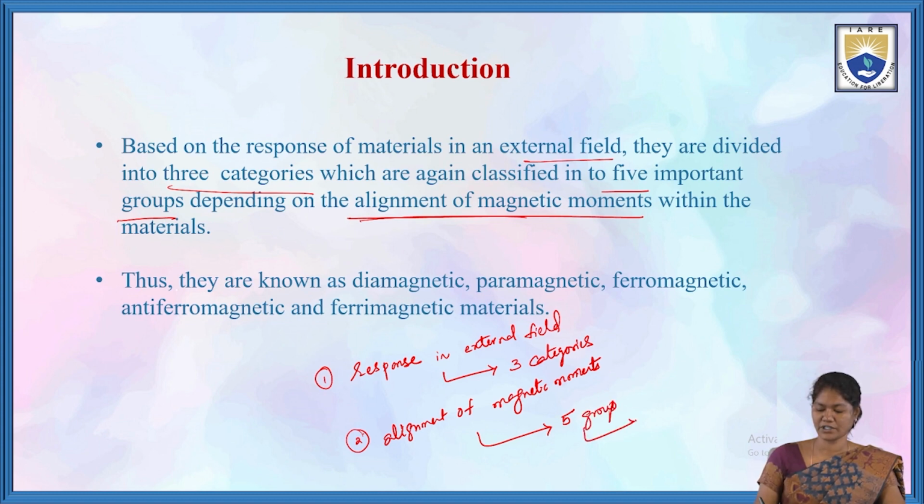These five groups are dia, para, ferro, antiferro, and ferrimagnetic materials.